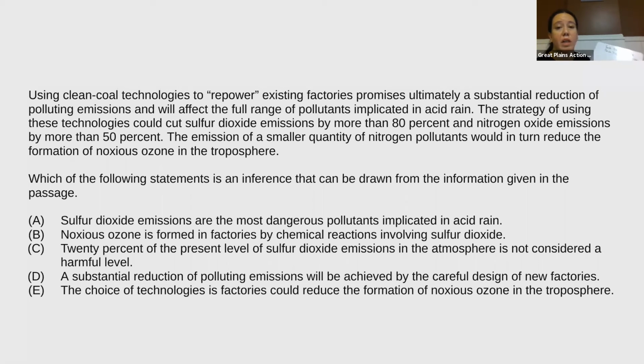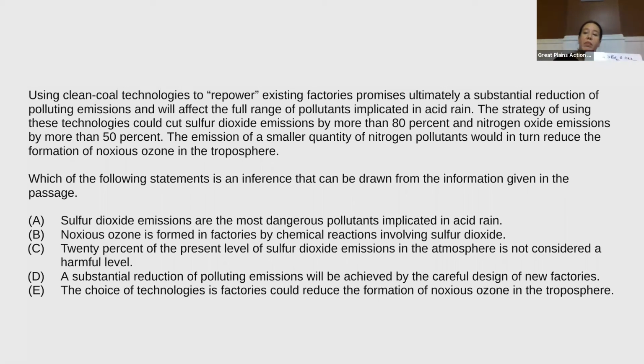The emission of a smaller quantity of nitrogen pollutants, which is this one, if we do that, then we can reduce the formation of noxious ozone in the troposphere. Reduce ozone.